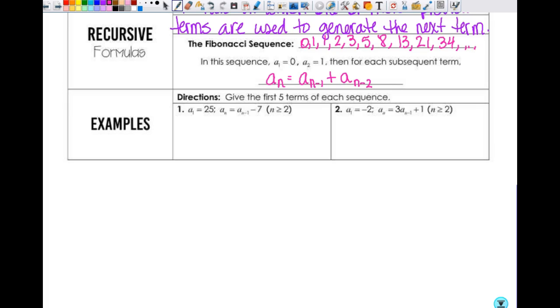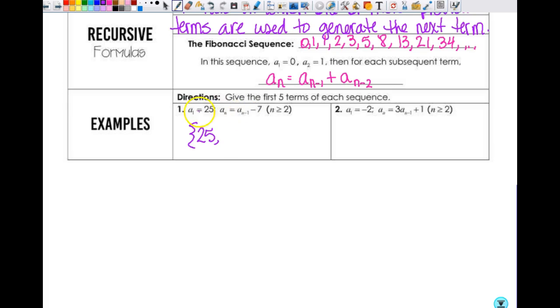So then we're going to give the first 5 terms in the sequence. So notice here it says n has to be greater than or equal to 2 because we start with that 1 right there. So we have a sub n equals a sub n minus 1. That means the term before it minus 7. So when I do this, I know my first term, it's 25. To get a sub n, which is 2, what's 2 minus 1? 1.